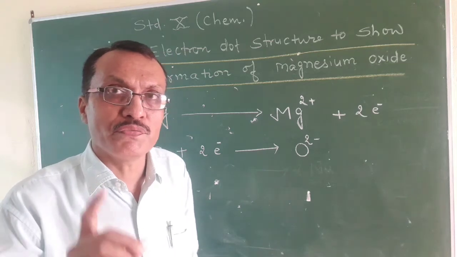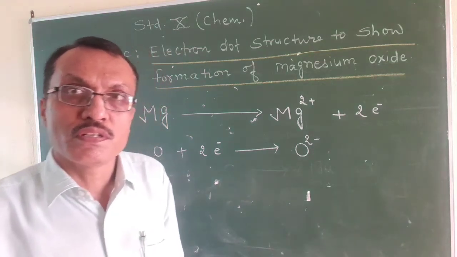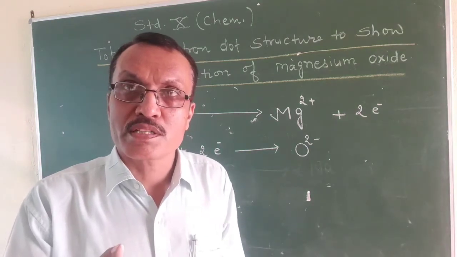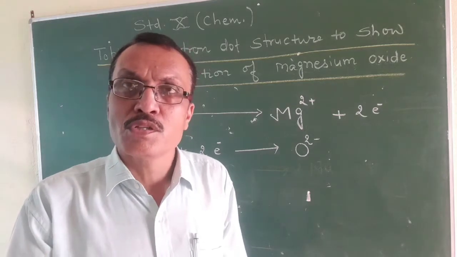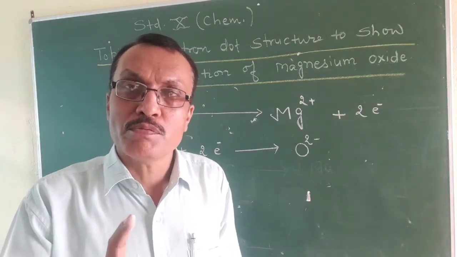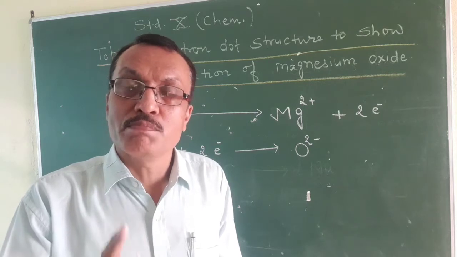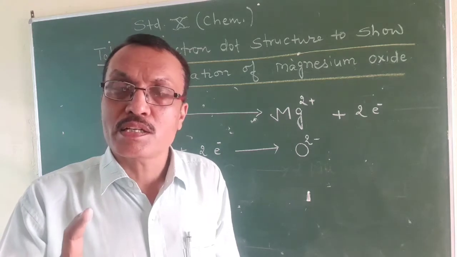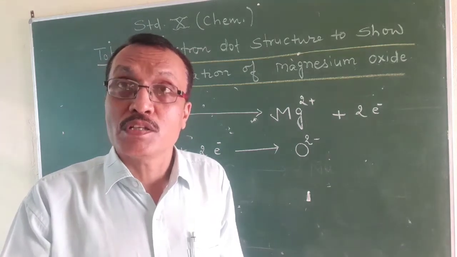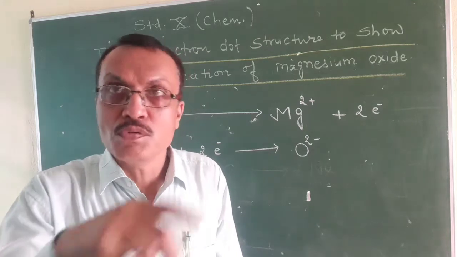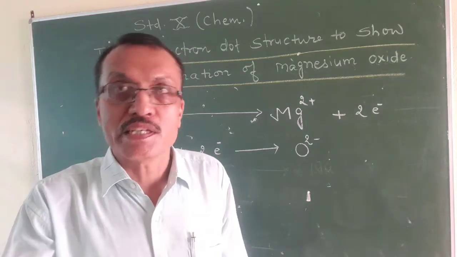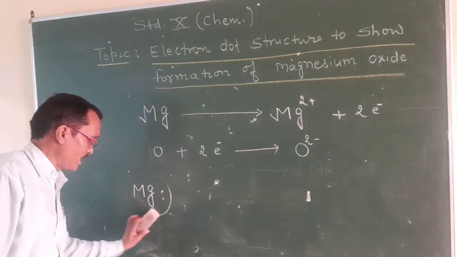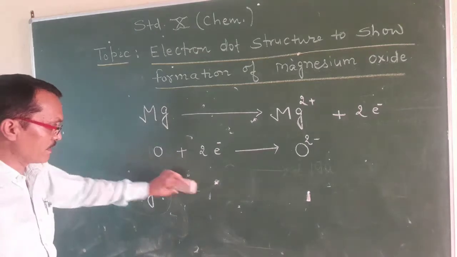So keep in mind, if in examination a question is given to show the Lewis dot structure of any element, you first write the symbol of that element, and show the valence electrons of that element as dots around the symbol. So 2 electrons I already have shown here.